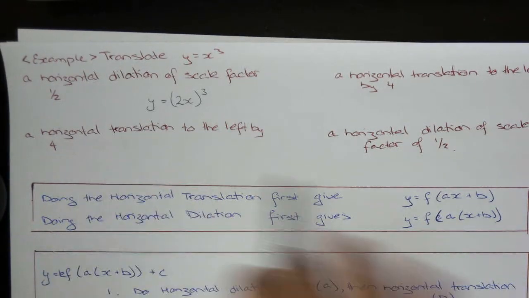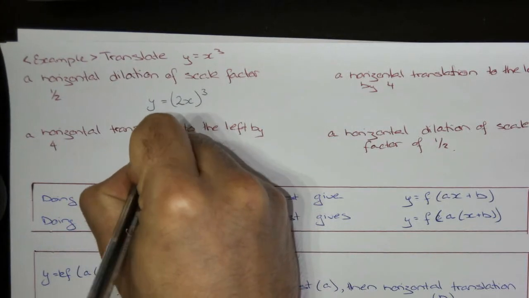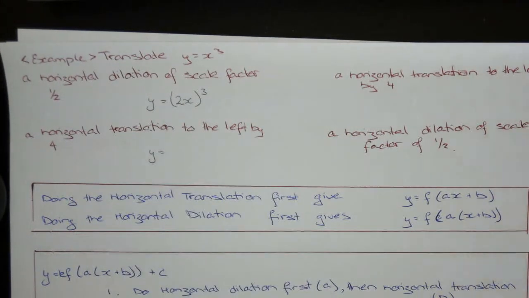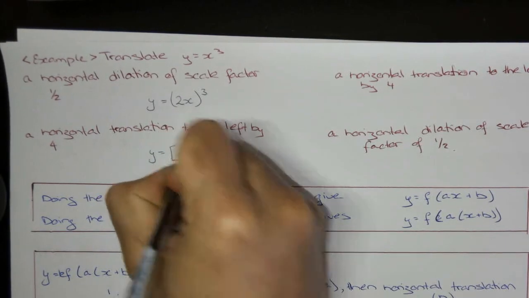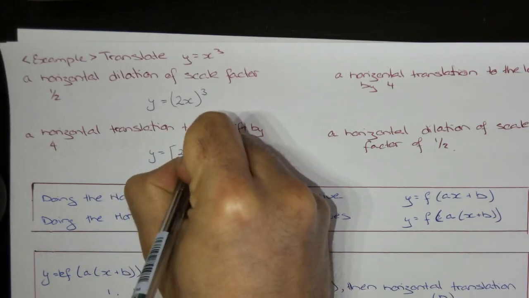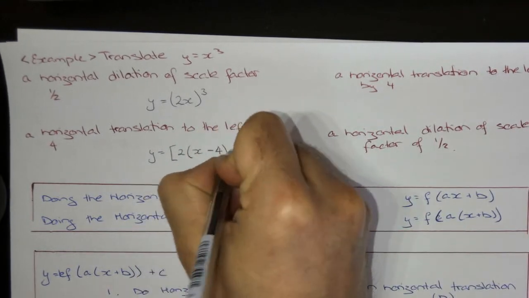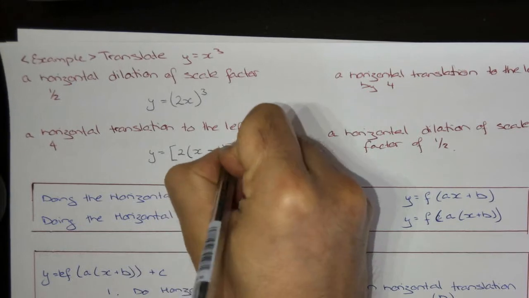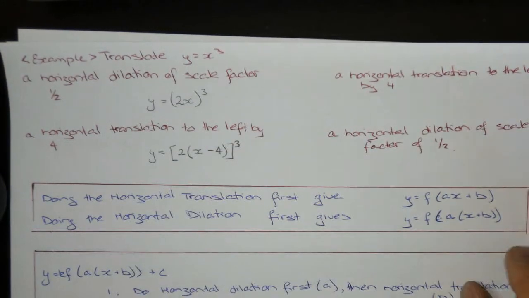Then if we translate it to the left by 4, we're going to get (2(x + 4)) cubed.